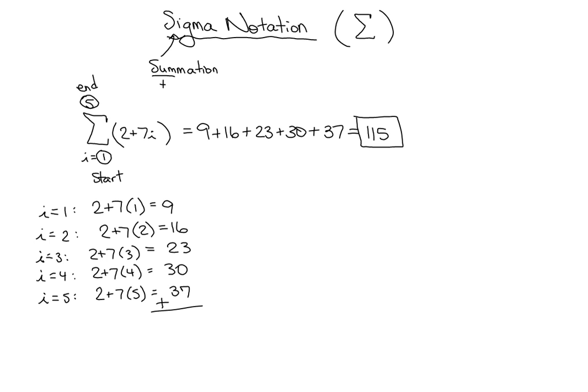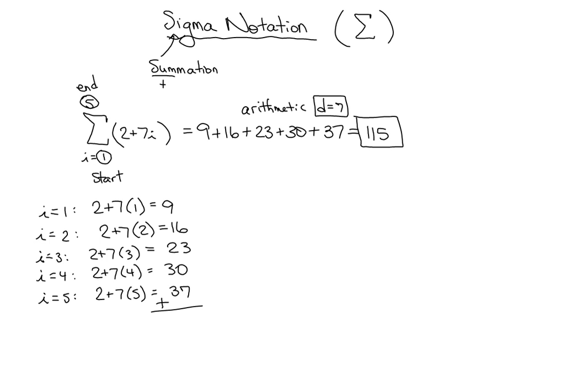No. But here's the thing, guys. Notice, what kind of series is this? What do we call that? Arithmetic. What are we adding every time? Could we have figured that out by just looking at this thing?